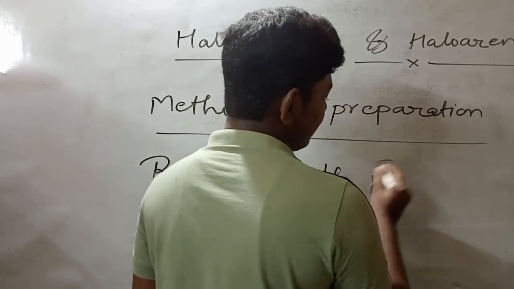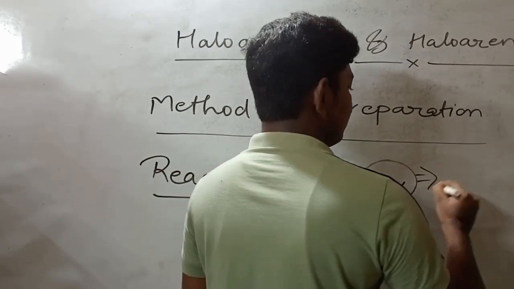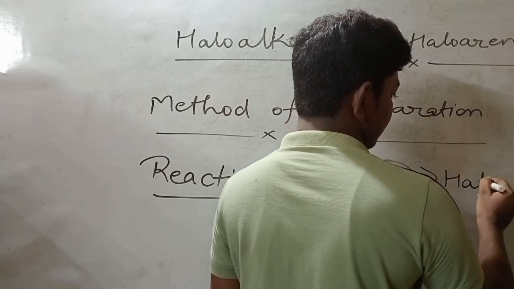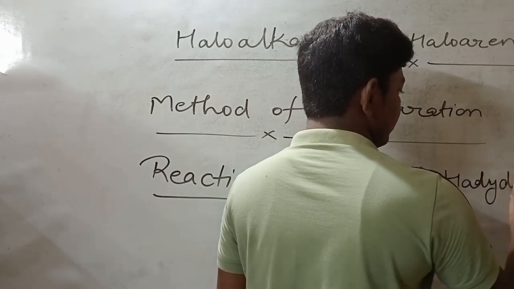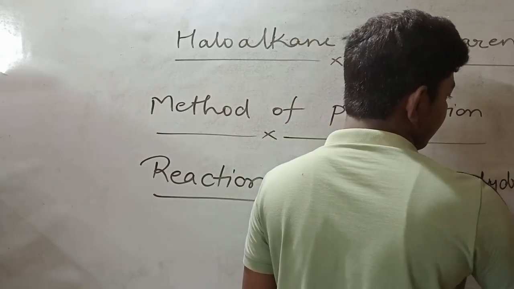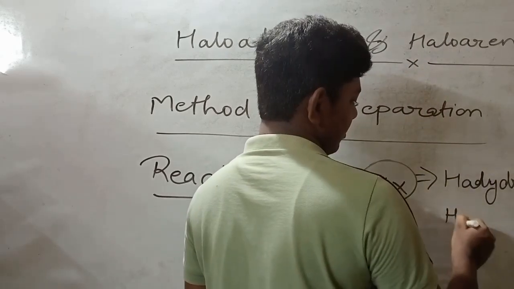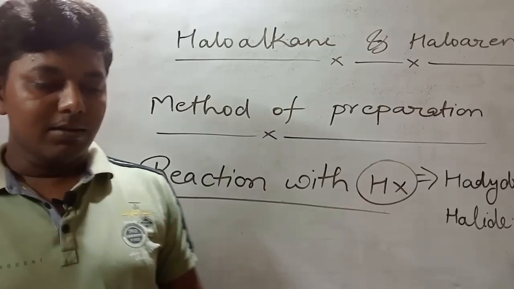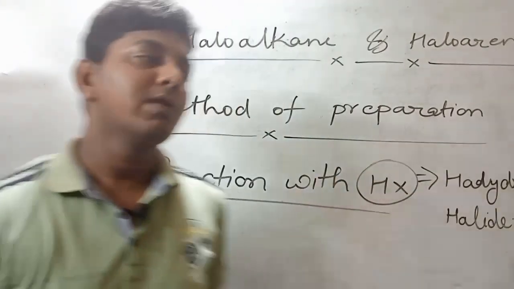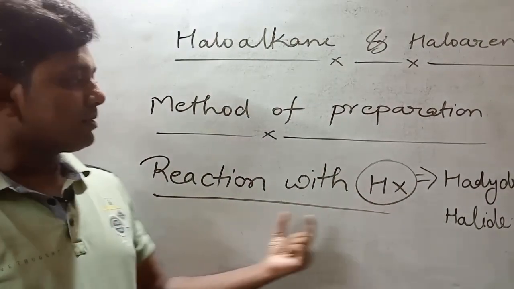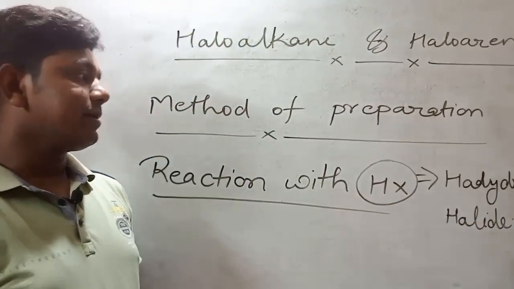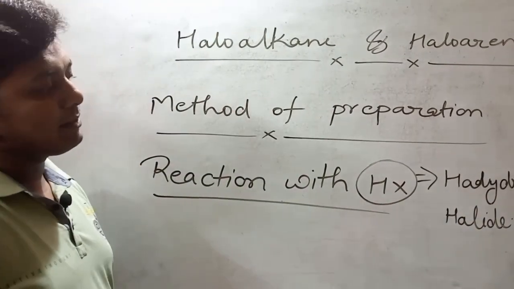HX means hydrogen halides. In this topic we learn about reactions with HX, meaning hydrogen halides like HCl, HF, HBr, HI.